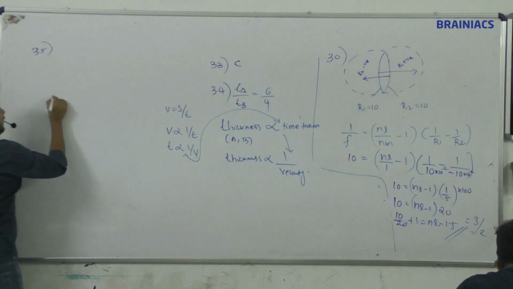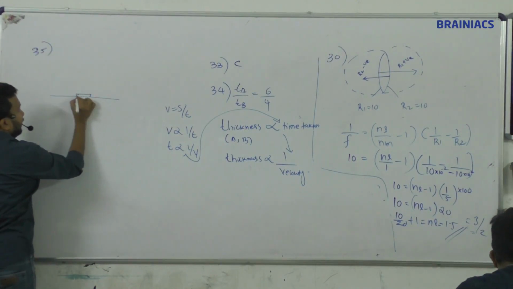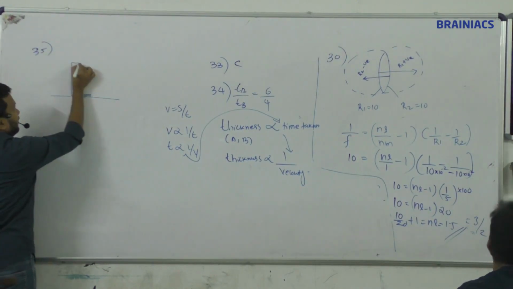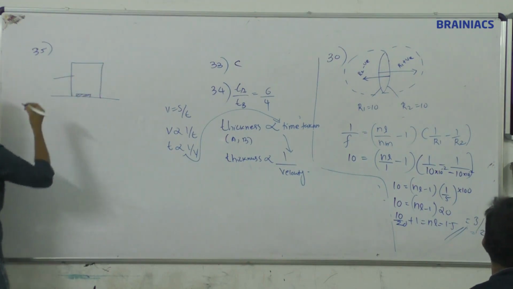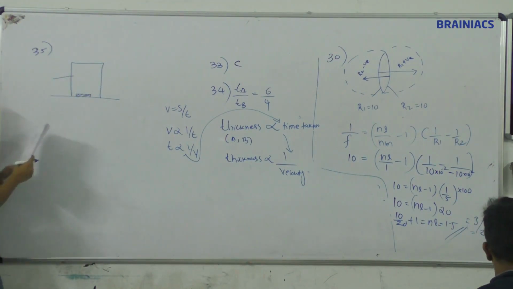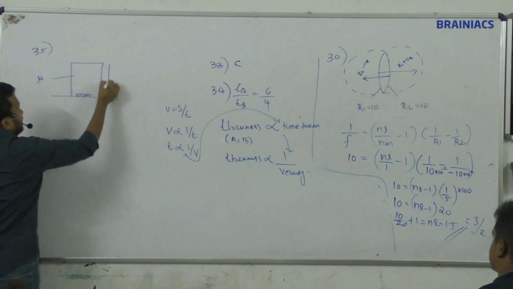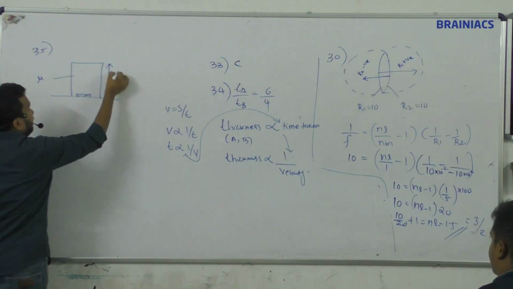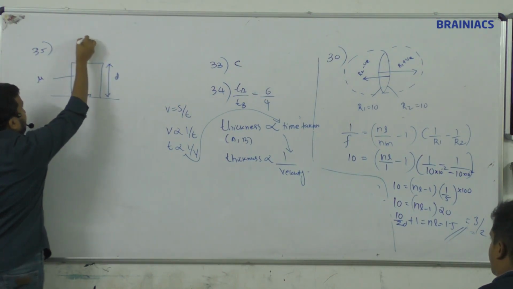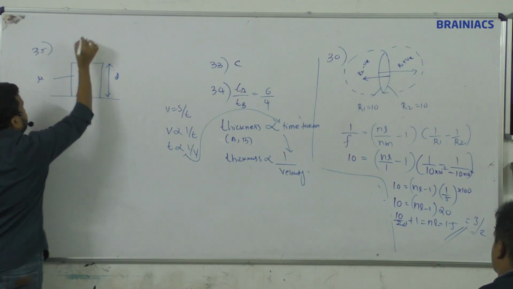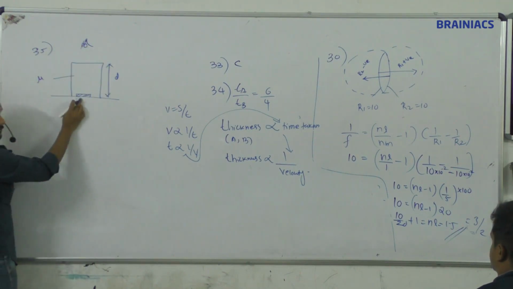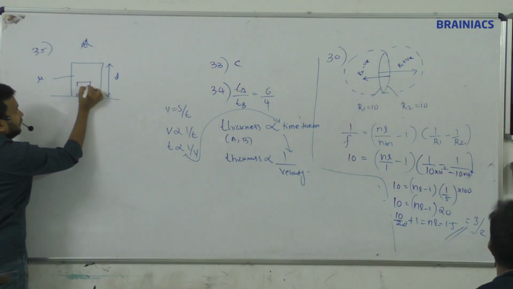Normally this is a table which should have a mark will be here. Here we place glass material whose refractive index is given in the question. It is given as mu. Thickness is d. But if you are looking from the top, we don't feel here, we feel it is somewhere here.